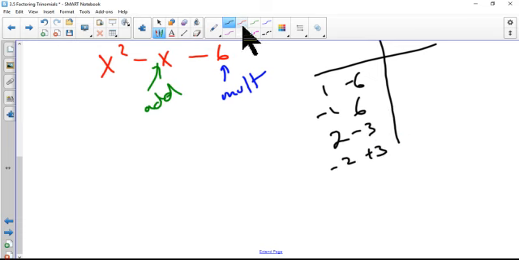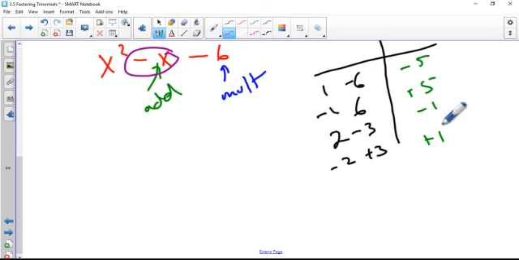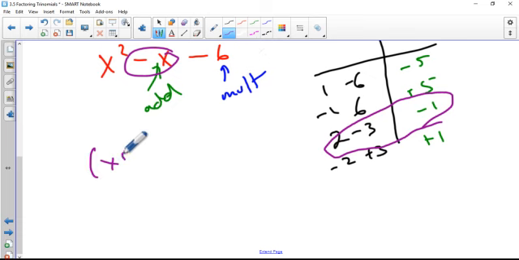Again, no other factors. So now adding these, I get minus 5, plus 5, minus 1 and plus 1. We are trying to get minus 1. So there is our answer: x plus 2 times x minus 3.